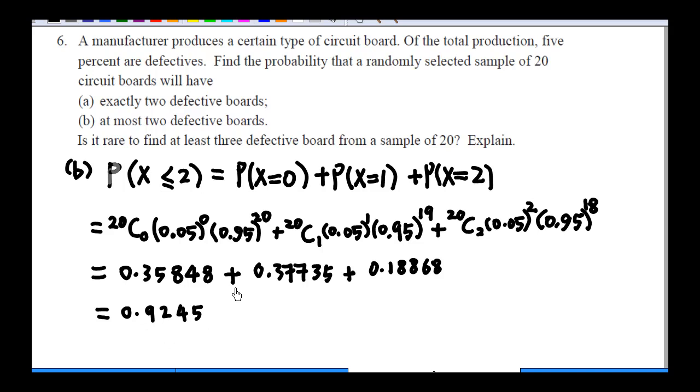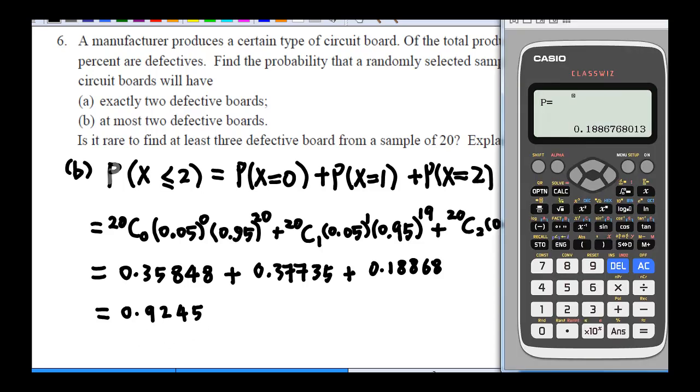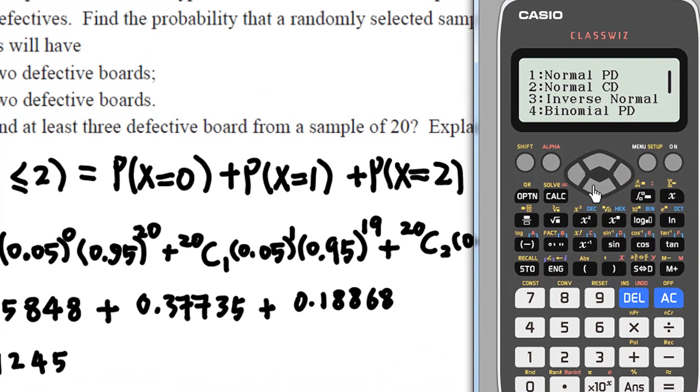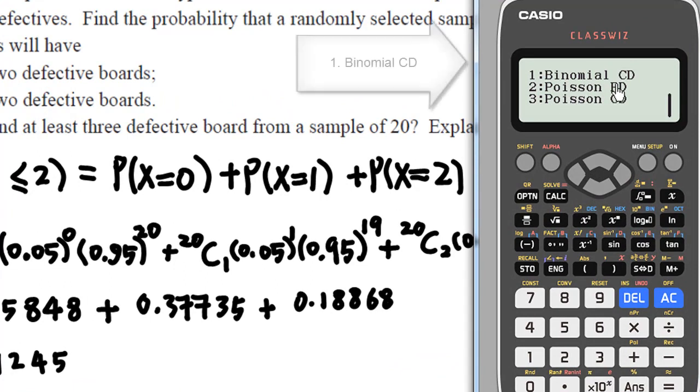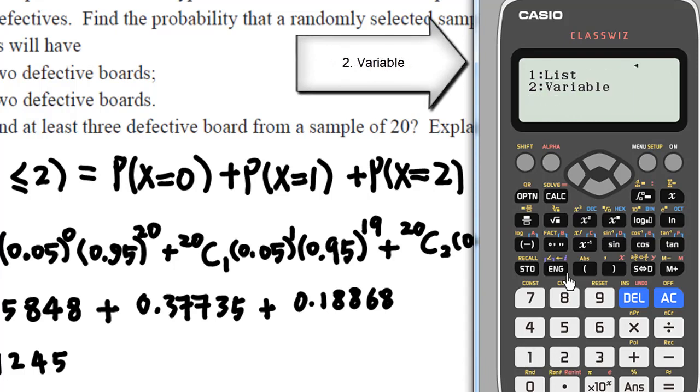0.9245. We can also use a calculator. In this case, I go to menu, again distribution, 7, and then I select binomial cumulative, which means you go down and find the binomial cumulative distribution 1, and then select variable.